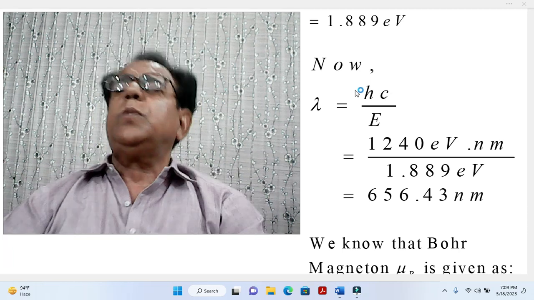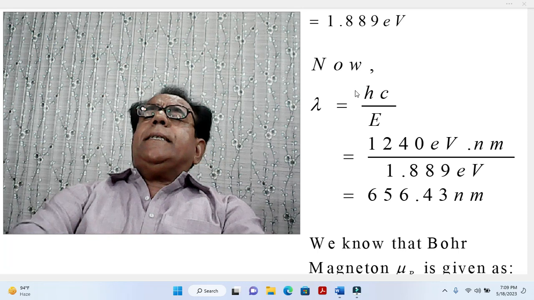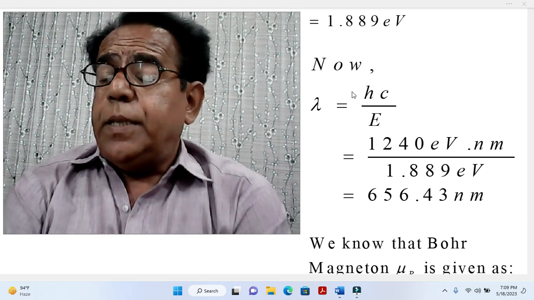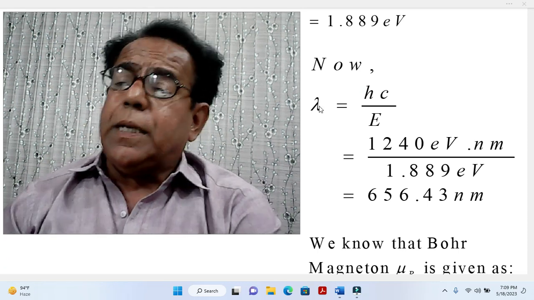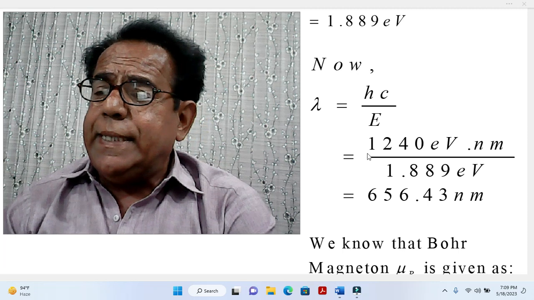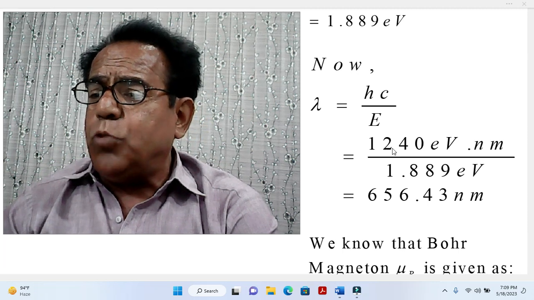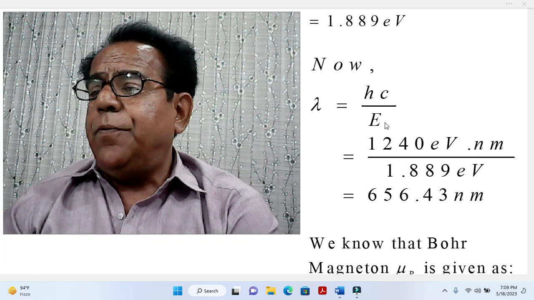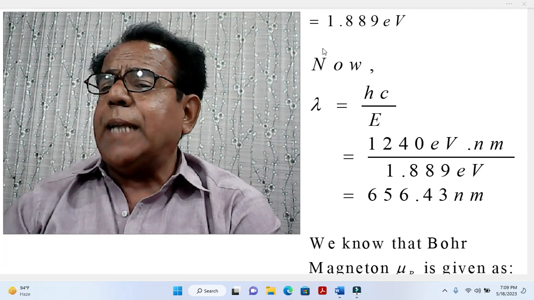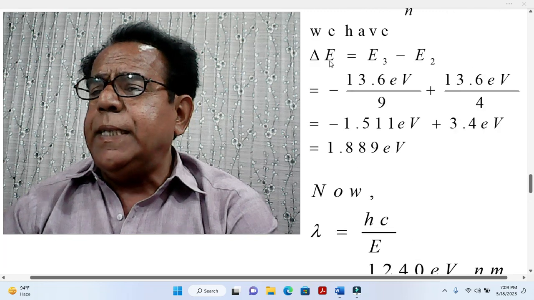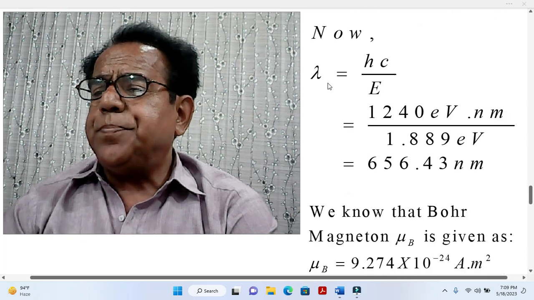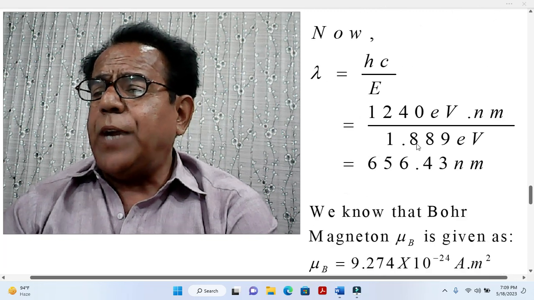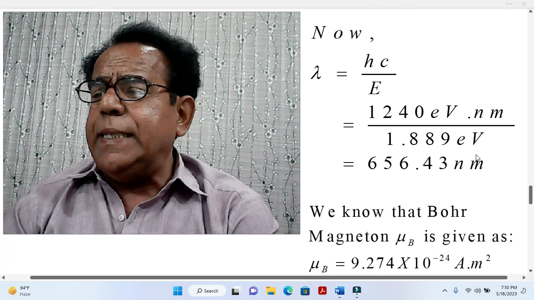Okay, so in this tool, in this table, the combined value of hc is given as 1240 electron volt nanometer, while we have already calculated the value of E, 1.889 eV.